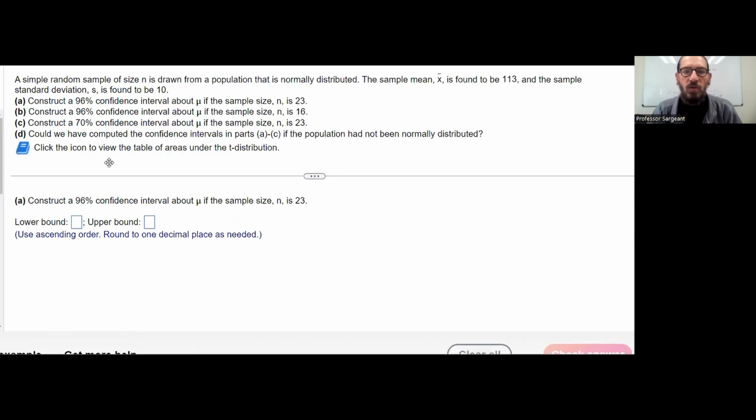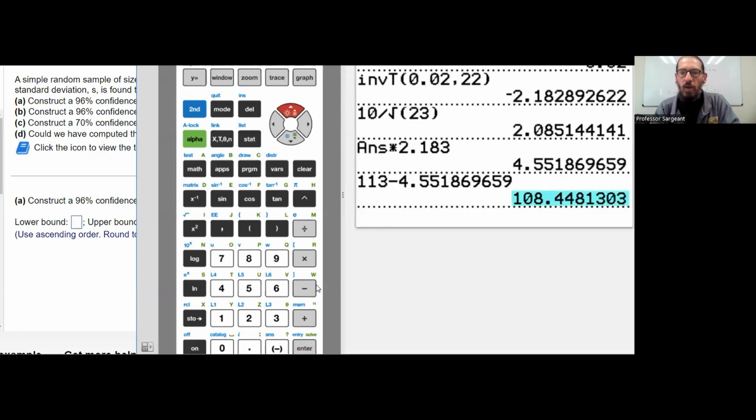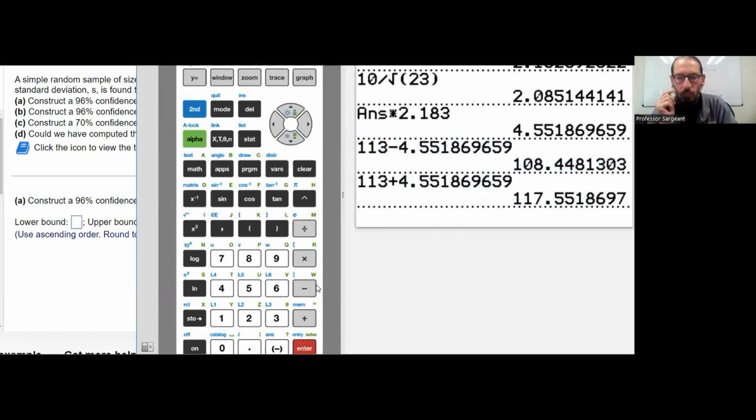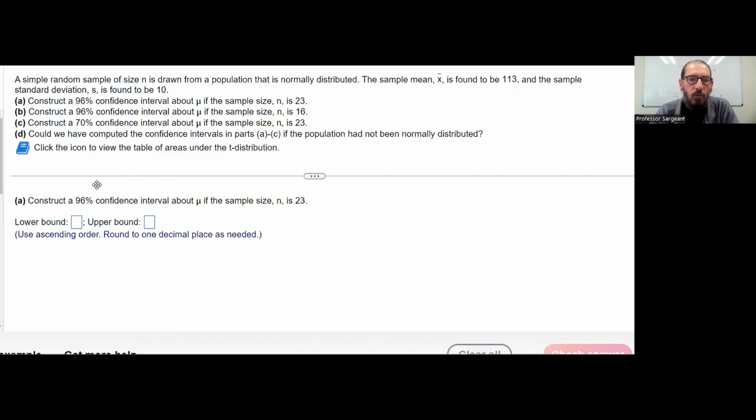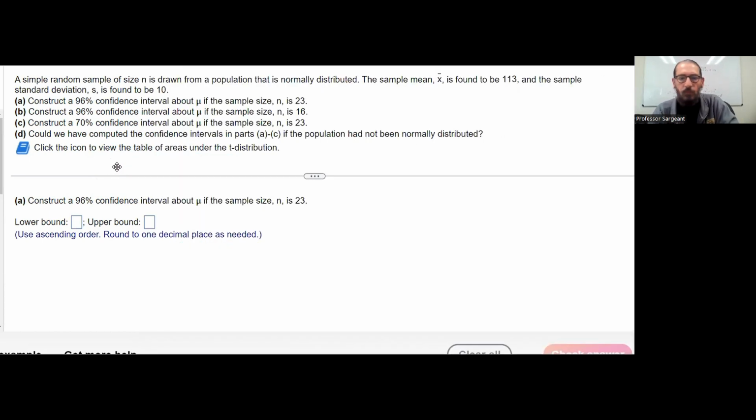And to get our lower bound for our confidence interval, we subtract 113 minus the margin of error. And for the upper bound, add it. Any rounding to do should be saved for the end. The lower bound, they want rounded to one decimal place. So 108.4 and 117.6.